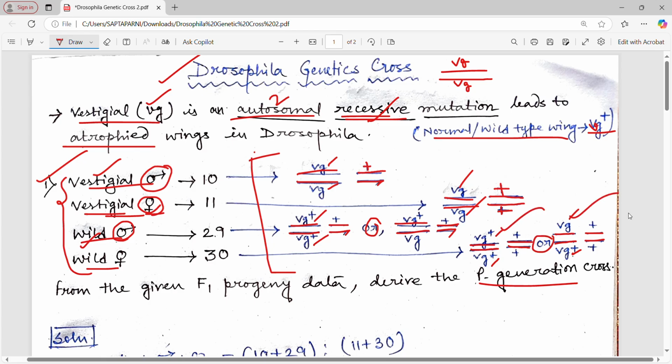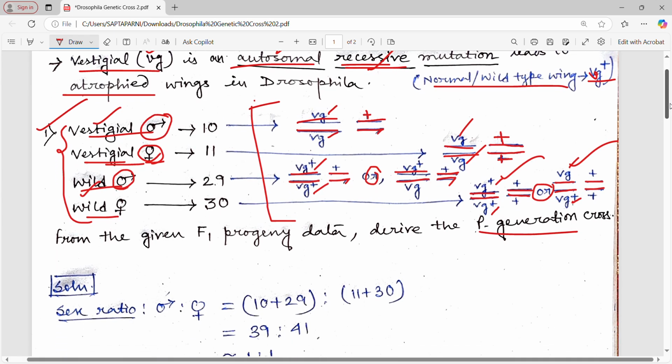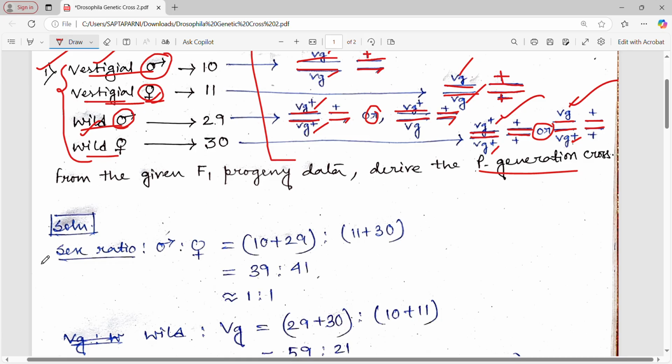First of all we must derive the sex ratio from here. Male to female equals, how many males are there? 10 plus 29, that means 39 males, and how many females? 11 plus 30, that is 41. So it is 1:1 in ratio.